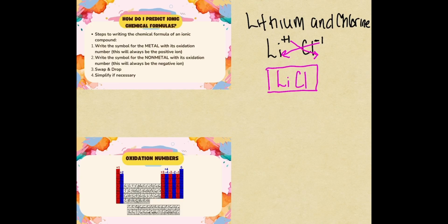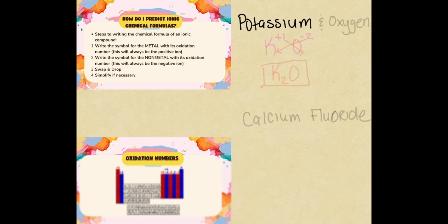Now I'm going to go ahead and do another example. Let's do another one. So let's do potassium and oxygen. So I got a metal and a non-metal.